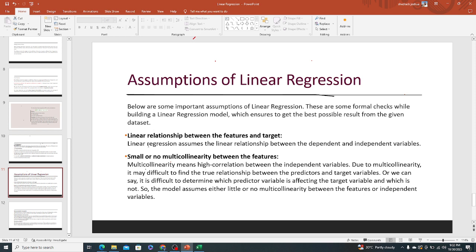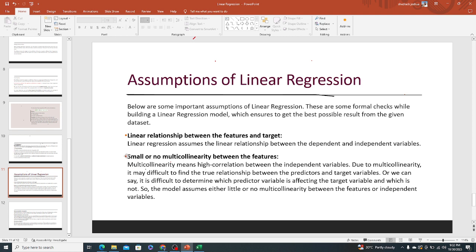It assumes there is a linear relationship between the dependent and independent variable. Last time we discussed how to check the linearity between your features.